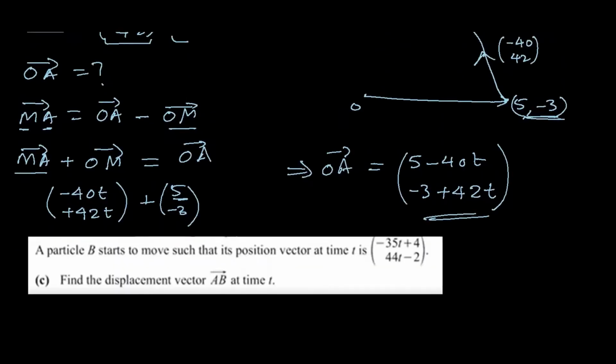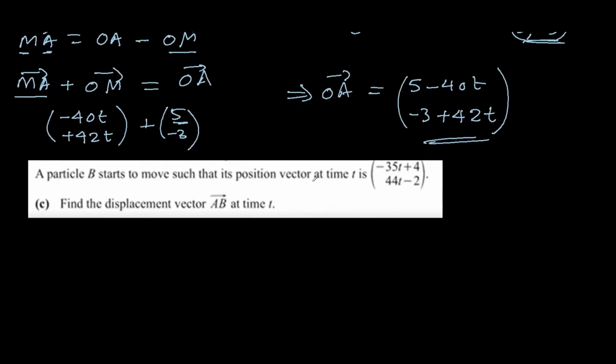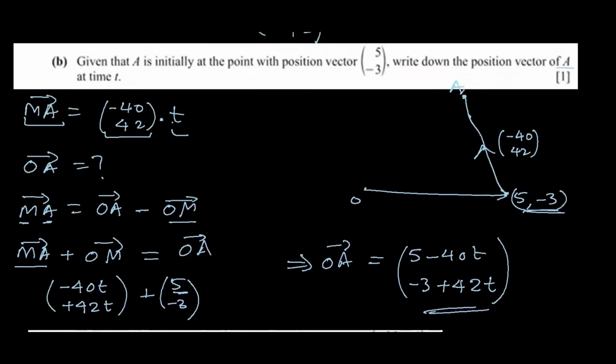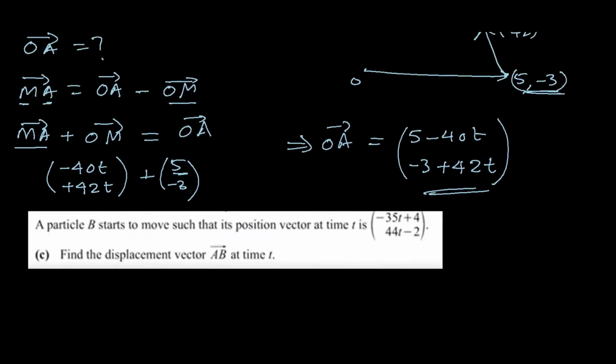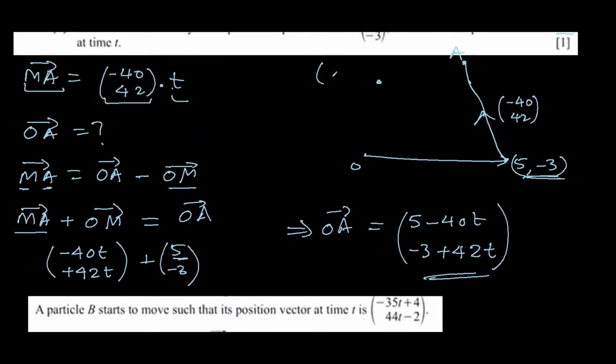Next one, particle B starts to move such that its position vector at time t, at the same time when particle A is here, so B is somewhere here, I'm just assuming, it may not be correct, is (-35t + 4, 44t - 2).